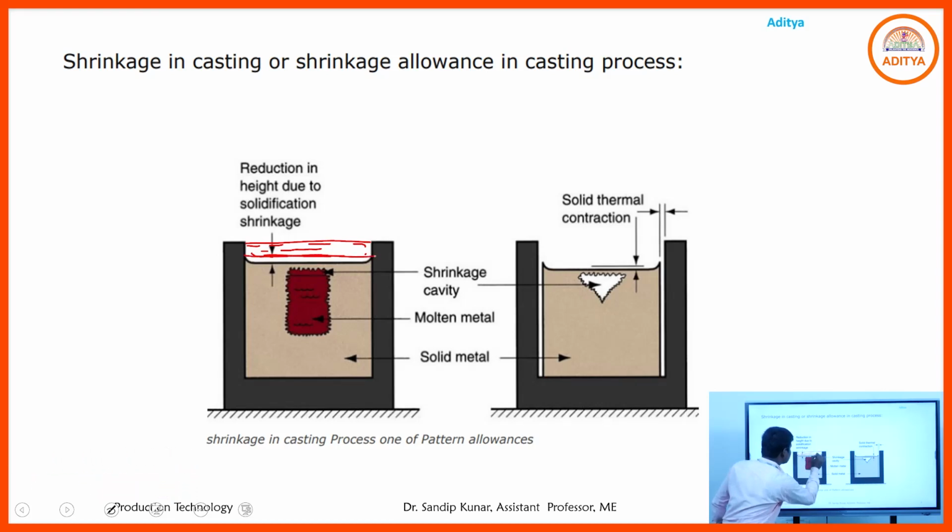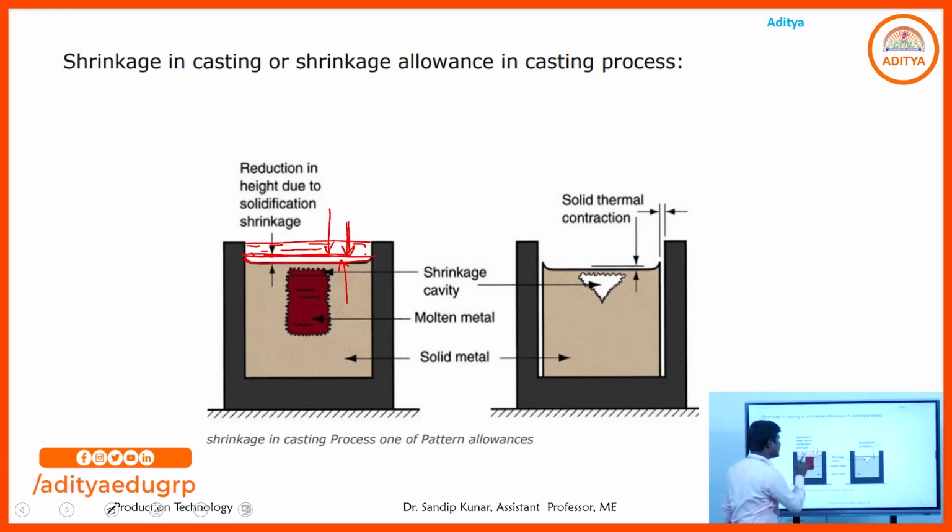If we consider that as the datum surface, and we take the molten metal up to that surface, after solidification the surface will come to a lower position. That is the reduction in height due to solidification shrinkage of the molten metal.